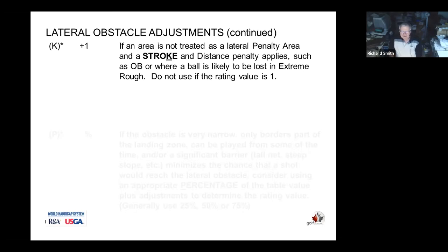Essentially this is to be added if the type of relief that you take is stroke and distance, as opposed to simply the lateral form of relief that can be used with penalty areas.